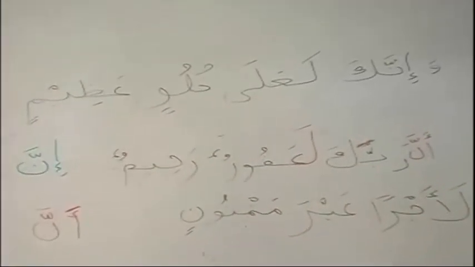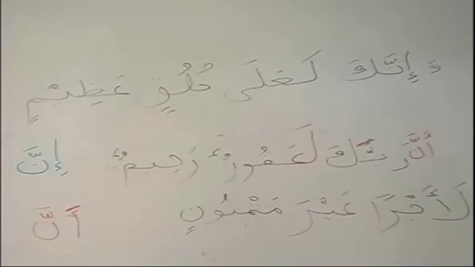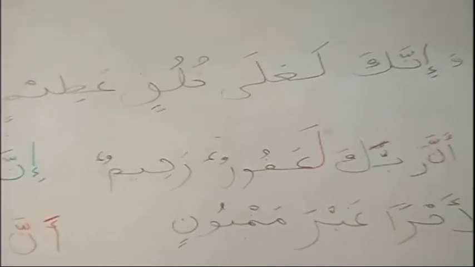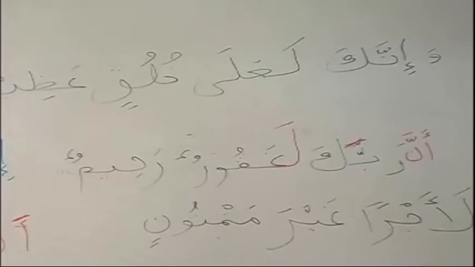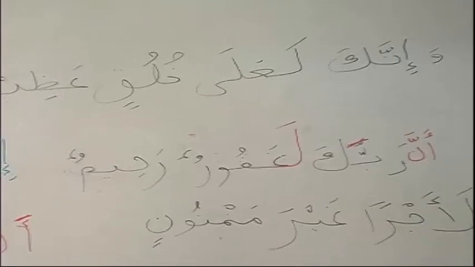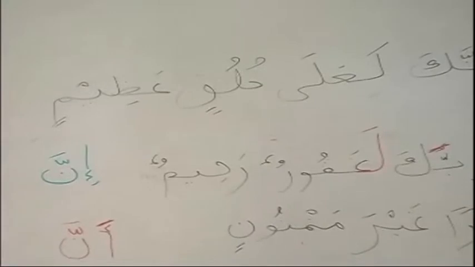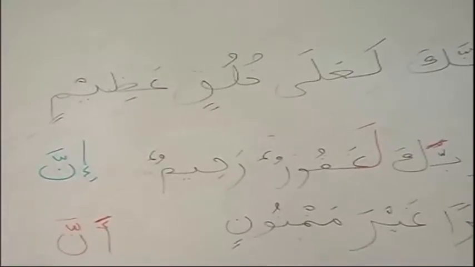Look at the board. What is wa? Harfu atf. What is inna? Harfu tawkid wa nasb. What is ka? Ismu inna mansub. And what is la? Lamu muzalaqah, again tawkid. And what is ala? Harfu jar. And then what is khuluqin? Ism majrur. And what is azim? Naat. Do you see? No, we understand in Arabic. I don't have to translate. I understand in Arabic, brother.